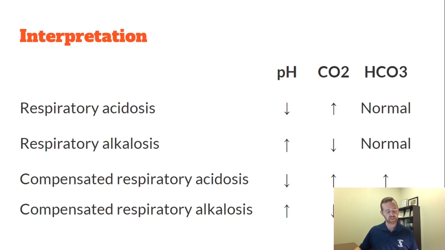All right, so the acronym ROME is sometimes used as a way to help nurses remember the relationship between pH and CO2. So in a respiratory disorder, they're going to be opposite. The pH and CO2 arrows move in opposite directions. In a metabolic disorder, the pH and CO2 will move in the same direction, right?